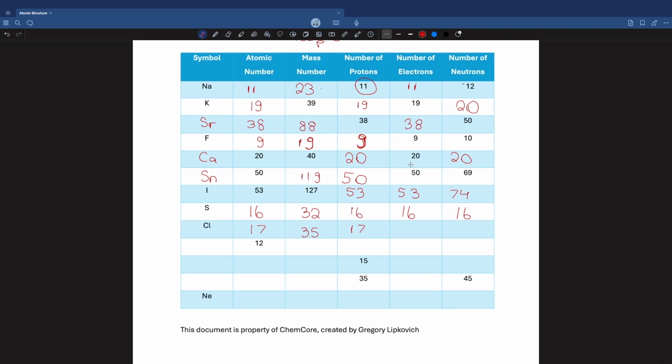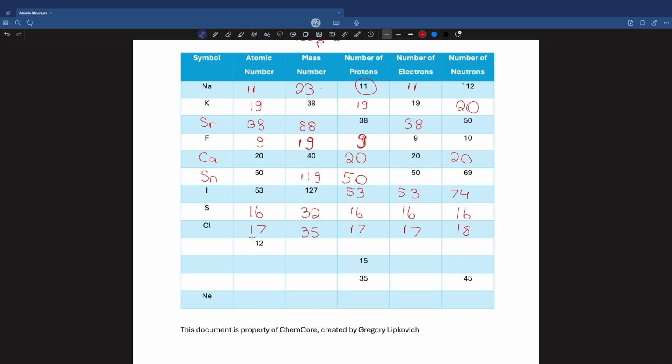The number of electrons, well, the example is uncharged, which means the number of protons must equal the number of electrons. In other words, also 17. The number of neutrons is the mass number minus the atomic number, which is 18. Excellent.